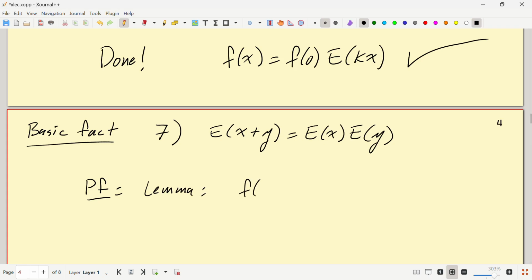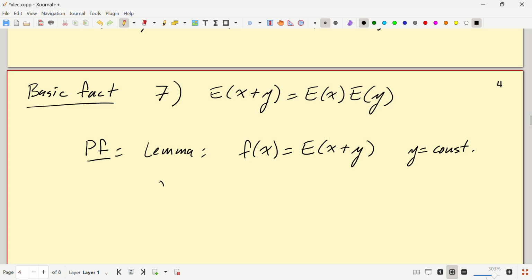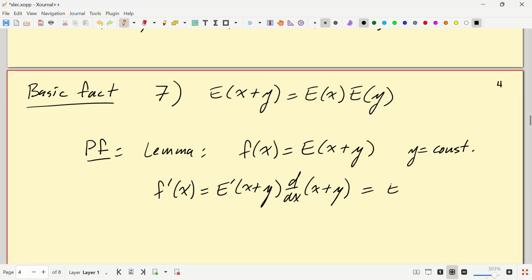and to use f of x equals e of x plus y, where y is treated like a constant. Then f prime of x, by the chain rule, is e prime of x plus y times d by dx of x plus y.